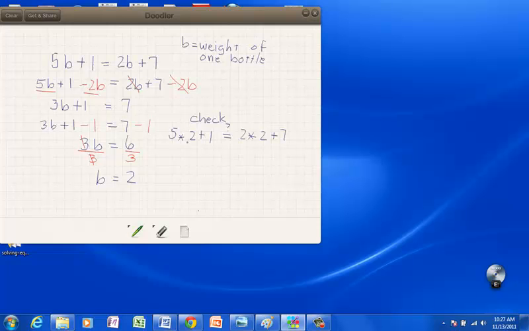Now you can use your calculator or some easy arithmetic. This is 10 plus 1 is 11. This is 4 plus 7 is 11. And both sides check.